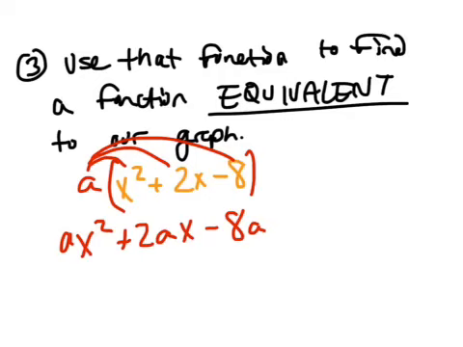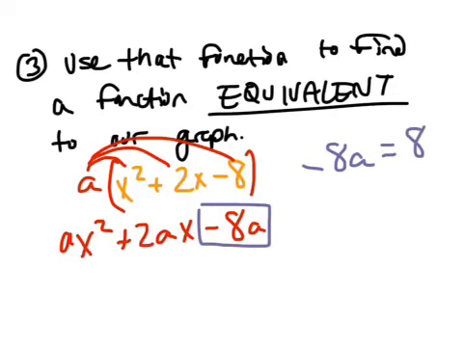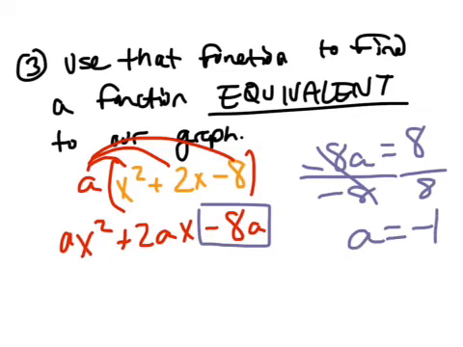Now, if this seems pointless, here's why we did that. We're going to take the negative 8a. We know that negative 8a is supposed to be positive 8. Well, what do we have to multiply negative 8 by to get positive 8? a is negative 1.